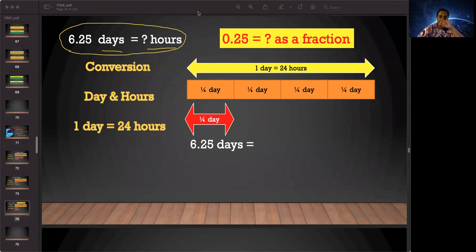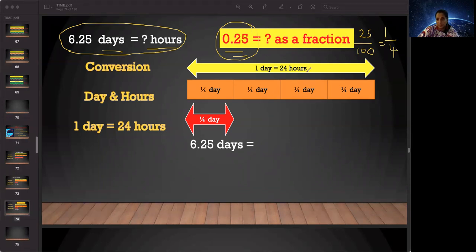So boys and girls, over here, you need to understand first, what is 0.25? What is it as a fraction? So what you'll need to do is convert 0.25 to a fraction, and 0.25 is 25 over 100. And if you simplify it, it's 1/4. So you're back to your fraction of 1/4.